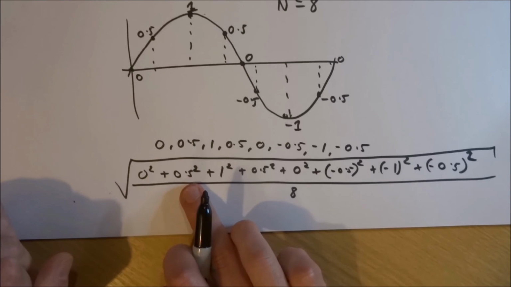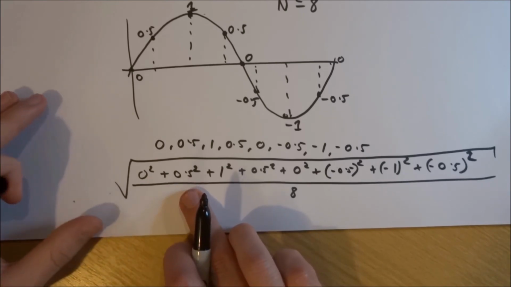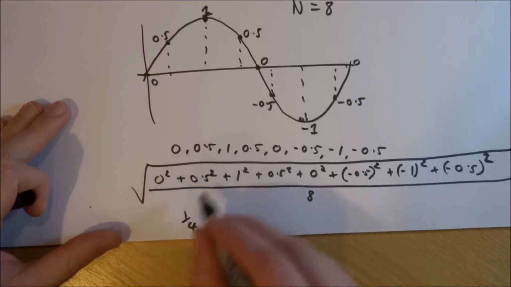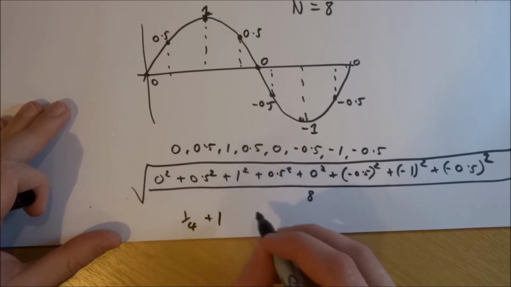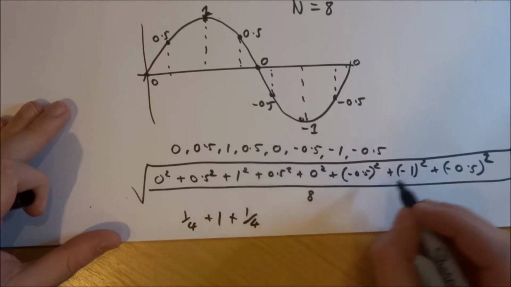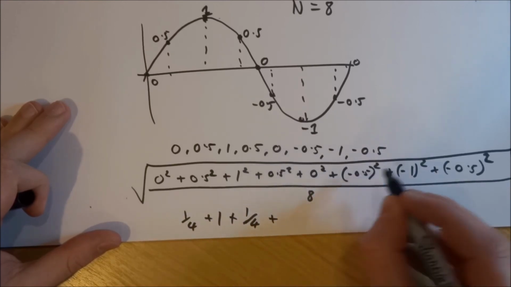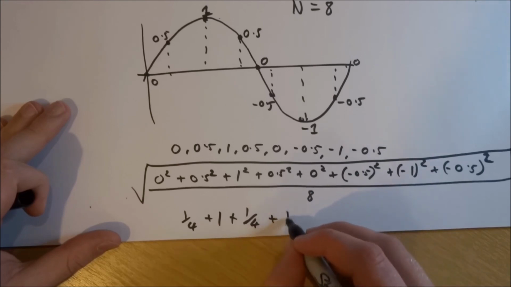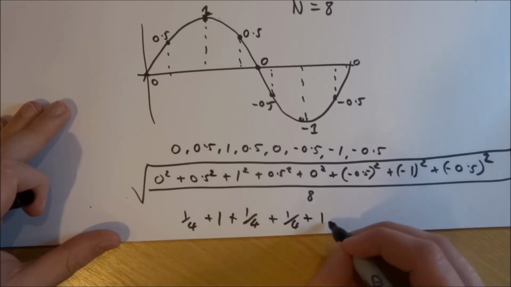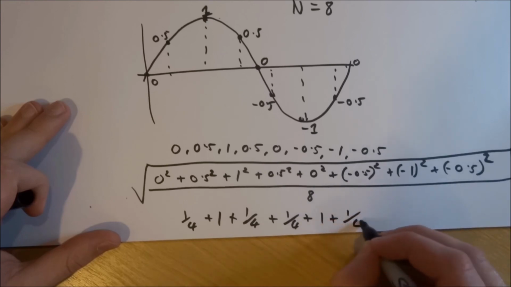We can simplify that down, because 0.5 squared, that's a half squared, is a quarter. So we effectively have a quarter, 0 disappears, plus 1 squared is 1, plus a quarter again, plus 0 disappears, plus minus 0.5 squared becomes plus a quarter, plus minus 1 squared is 1 again, plus another quarter.